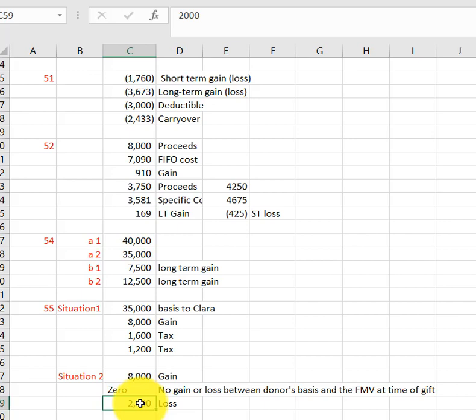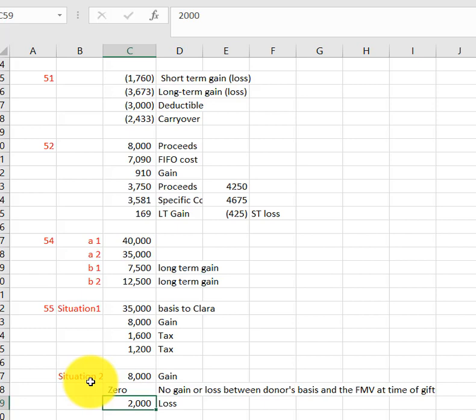Remember, this situation only comes into play if the fair market value of the gift, at the date of the gift, is lower than what the giver paid for it. So, moral of the story in real life is that if they ask you as a professional, you say, don't give away as a gift property that has a fair market value below what you paid for it.